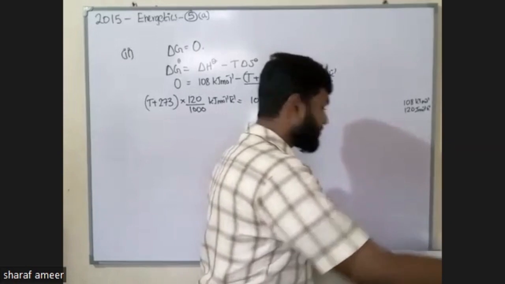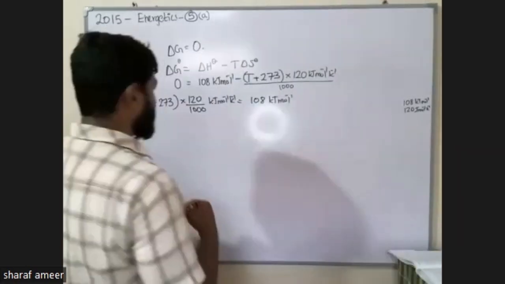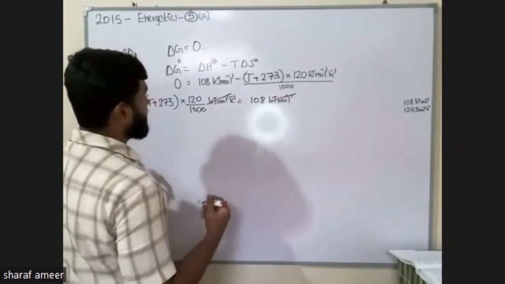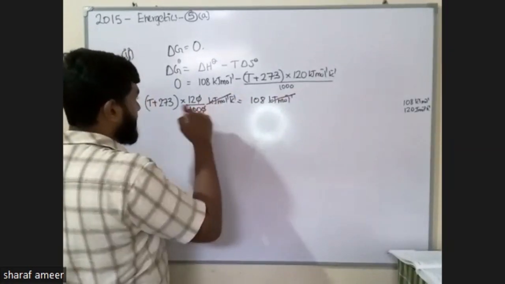So here these units will be cancelled. Only per Kelvin will remain. So this 0 will go.